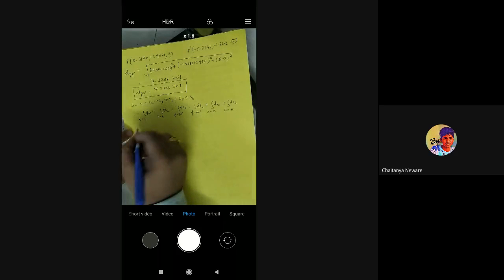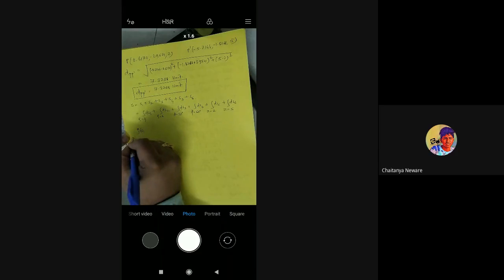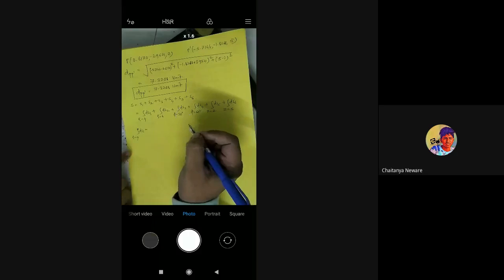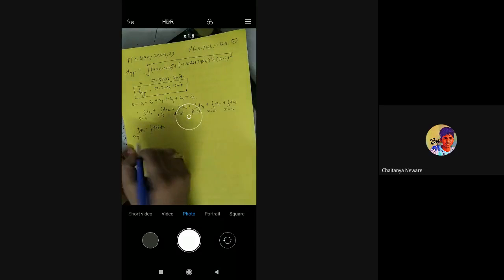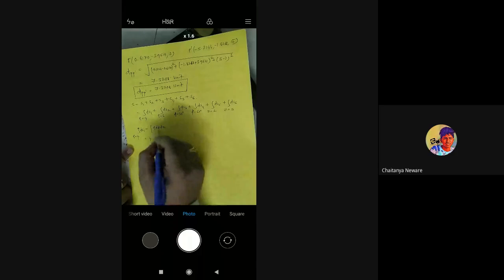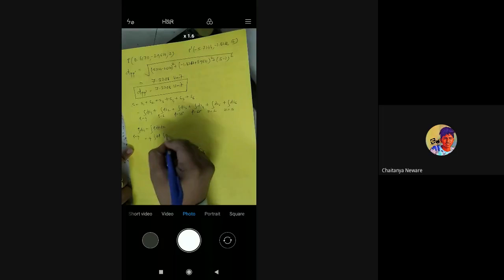First, we take the integration of dS1 at rho equal to 4. So dS1 is rho d phi dz. Here we put the value of rho, so 4 is taken as a constant, then the integration of d phi and the integration of dz.